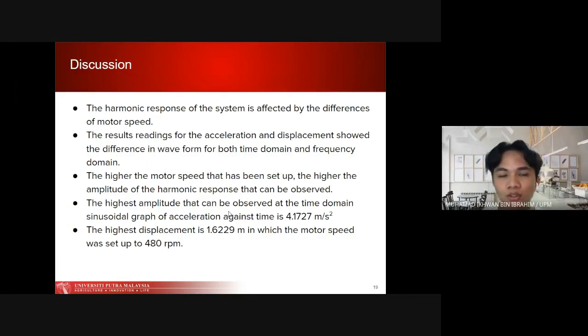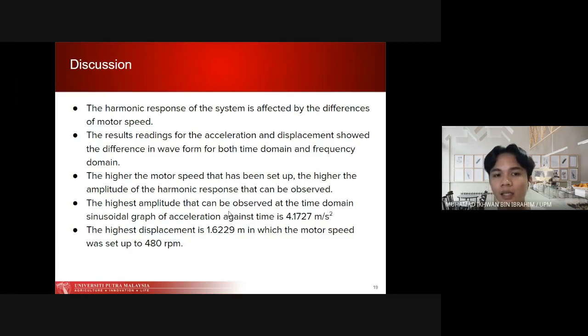Thank you, Juliana. For the discussion, note that the harmonic response of the system is affected by the differences in motor speed. The resulting readings for the acceleration and displacement show differences in waveform for both the time domain as well as the frequency domain. The higher the motor speed set at the start, the higher the amplitude of the harmonic response that can be observed.